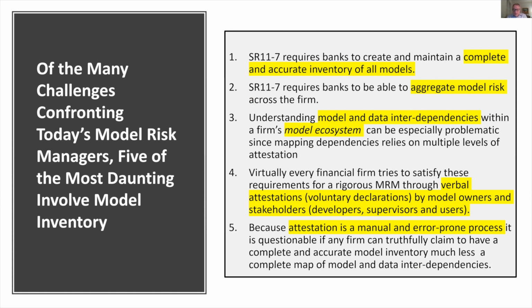And in order to do that, it's critical to understand model and data interdependencies within that firm's model ecosystem. And this can be especially problematic because mapping dependencies also relies on multiple levels of attestation. It's impossible really to aggregate model risk up to the high level that's required by SR 11-7, which asks for model risk at the firm-wide level, without taking into account all the interdependencies between models rather than treating them as individual standalone objects.